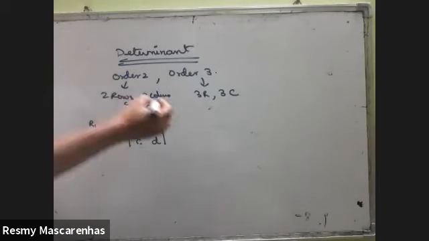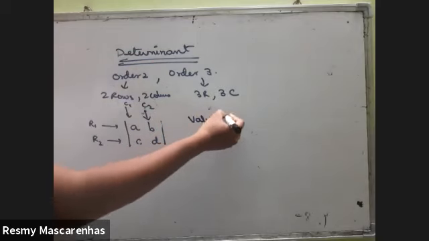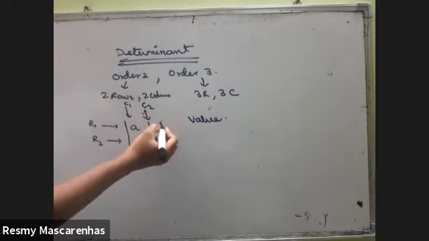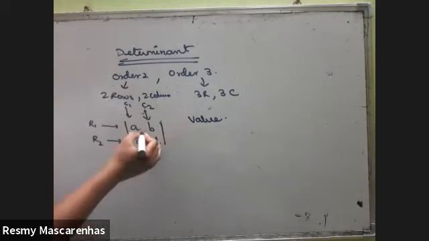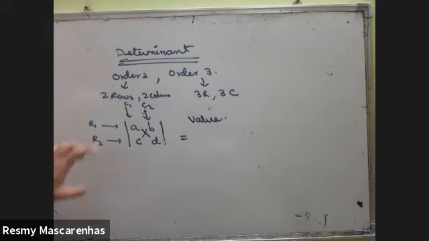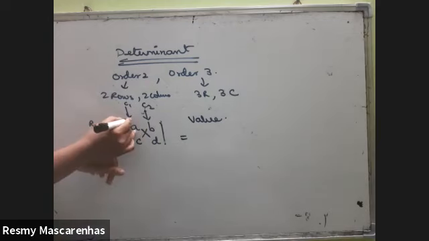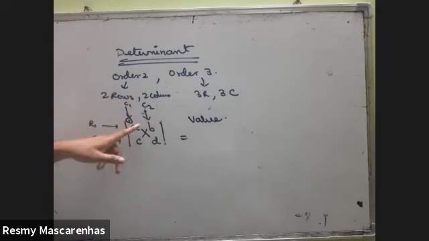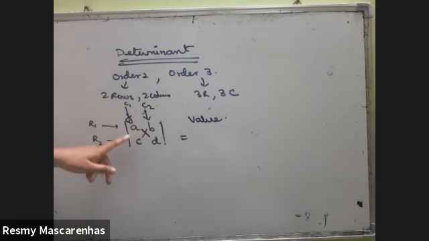How to find the value of this determinant? You have to always cross multiply. How? Always you have to start from the first element only. This is always first priority. You cannot do B into C first. You have to do A into D only.